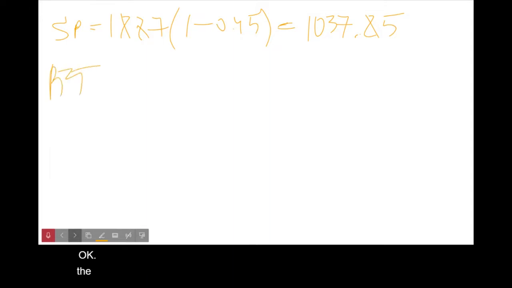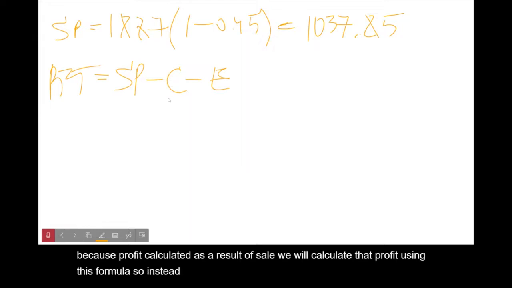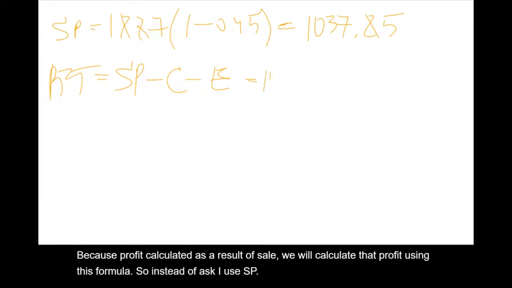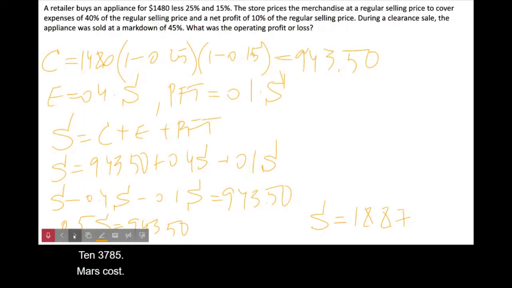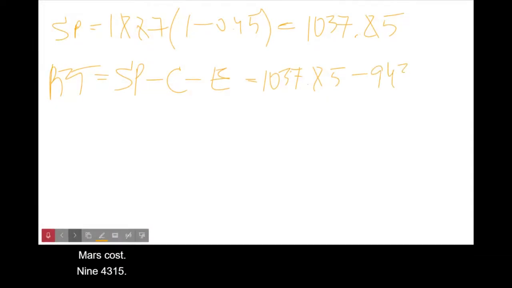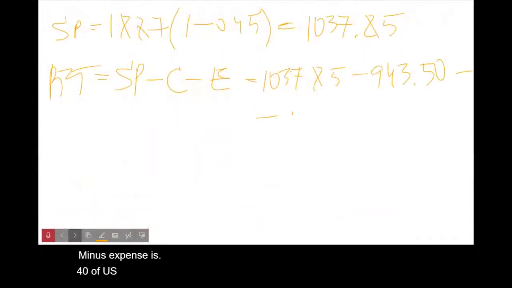Okay, then profit. Because profit is calculated as a result of sale, we will calculate it using this formula. So instead of S, I use SP. So 1037.85 minus cost 943.50 minus expense, which is 40% of S, minus 0.4 times 1887.